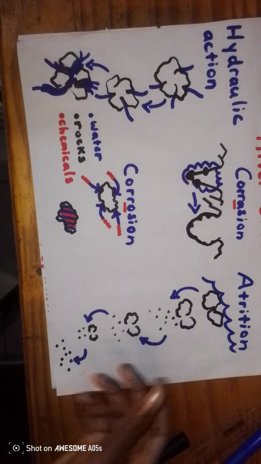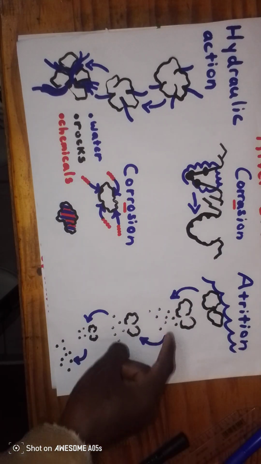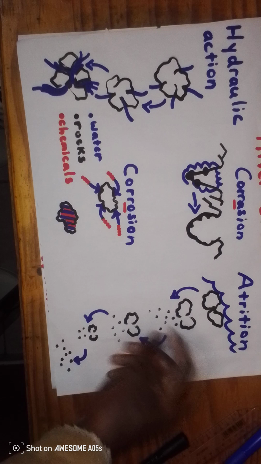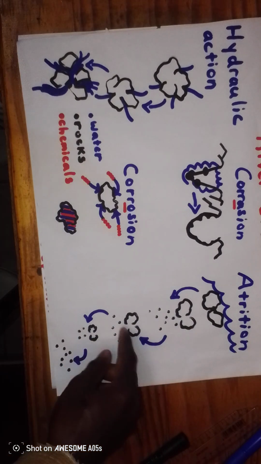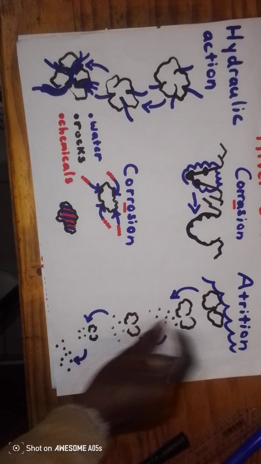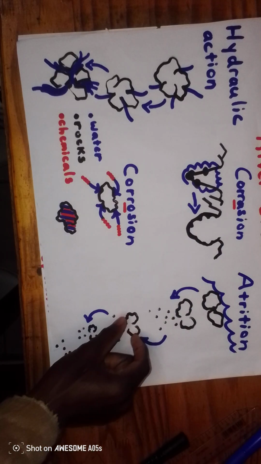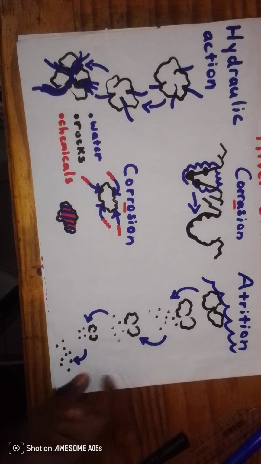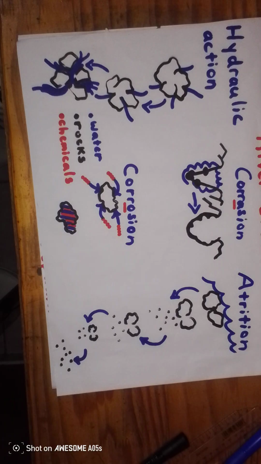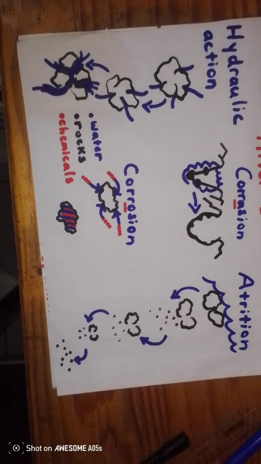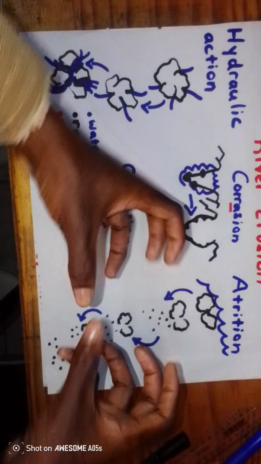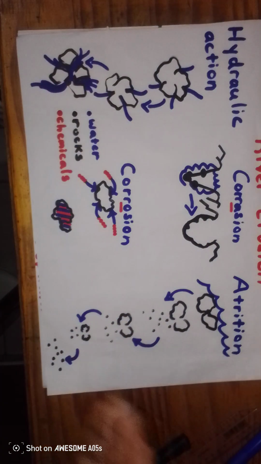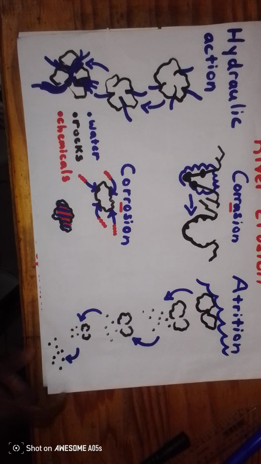They are rubbing each other, and as they rub, small pebbles and stones begin to fall from that mixture, and they continue rubbing, and you see they get smaller in size. They were bigger there, they're smaller, and eventually they're just pebbles and stones and sand. That's what attrition is. It's basically just two stones rubbing, and over time they crumble and they break, and then you have those stones and sand over there.